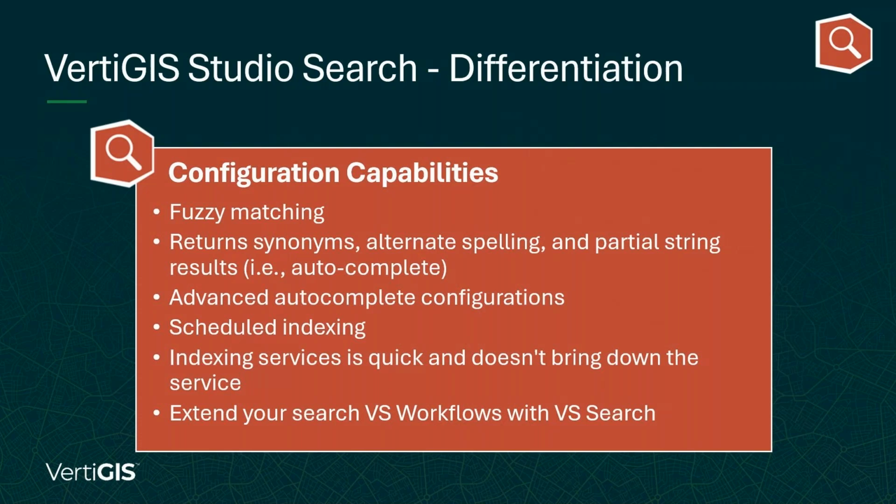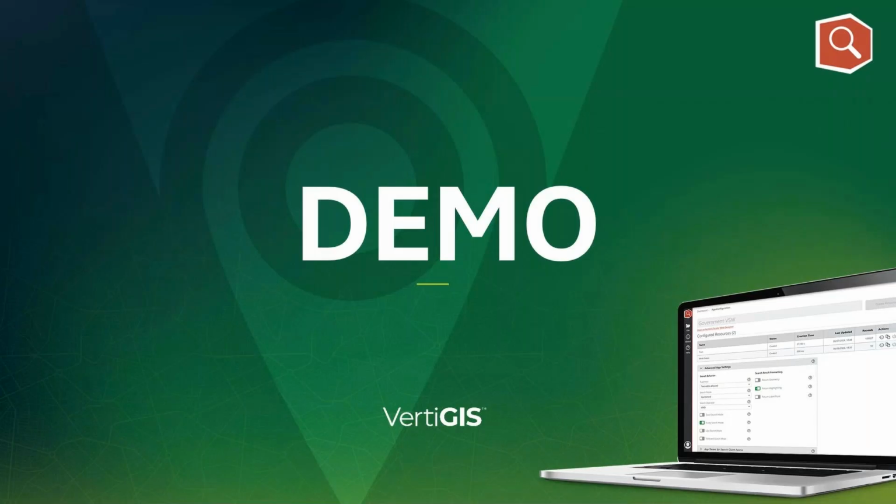A lot of the times, our users create workflows to search across tax parcels or other layers on their map. And you can use Studio Search as the search engine that powers these workflows to make your searches that much faster.